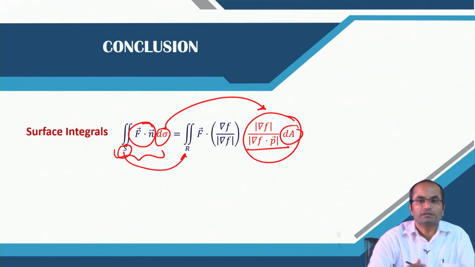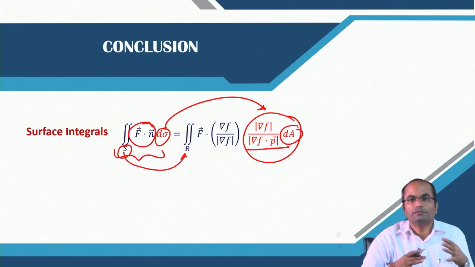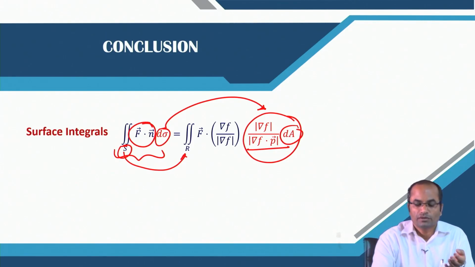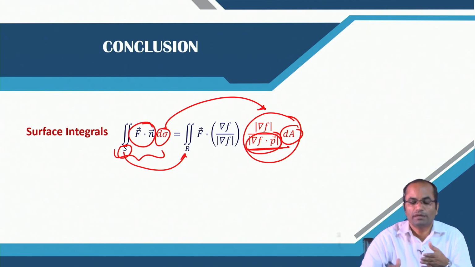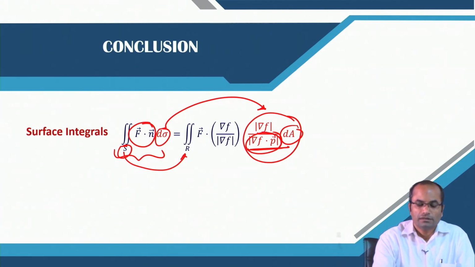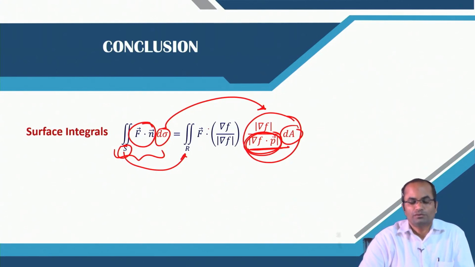So, we have to project the given surface in one of the coordinate planes, and that depends on the condition that grad f dot p should not be 0. The gradient of f is the normal to the surface. So, the normal to the surface should not be perpendicular to the normal to the projected plane, otherwise this will become 0 and we cannot use this formula.